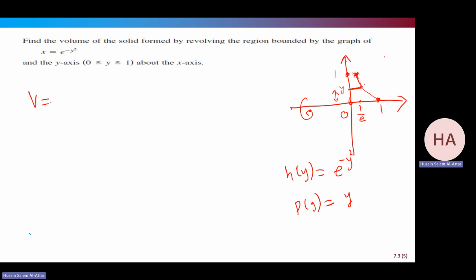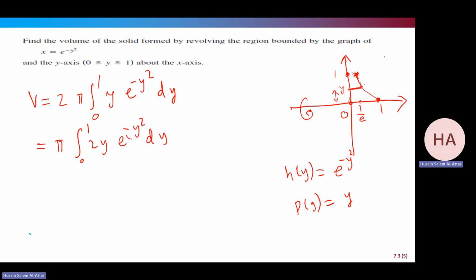So I have the volume 2 pi from 0 to 1 of y e to the minus y squared dy. Now it's a matter of calculating the integral. That will be pi, taking the 2 outside, 2y e to the minus y squared dy.